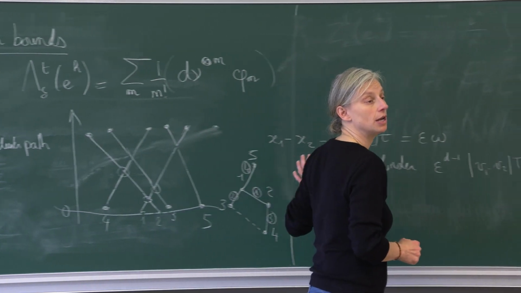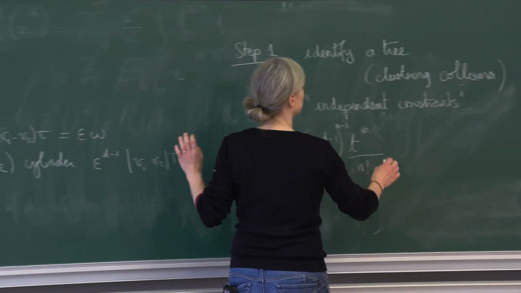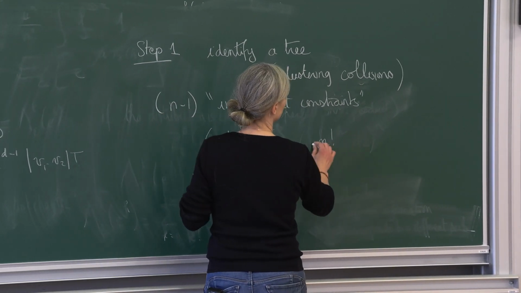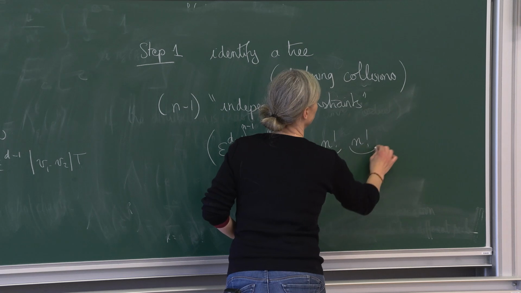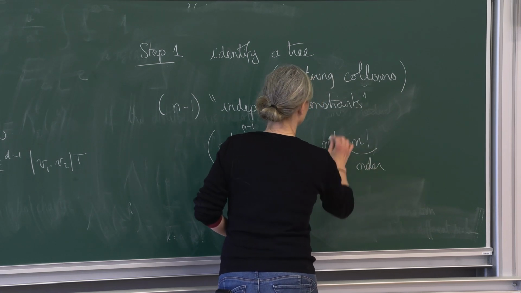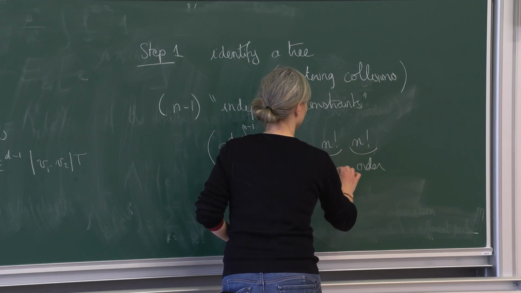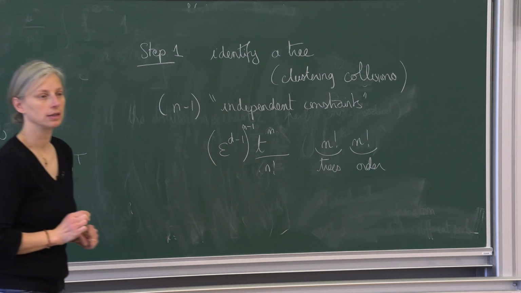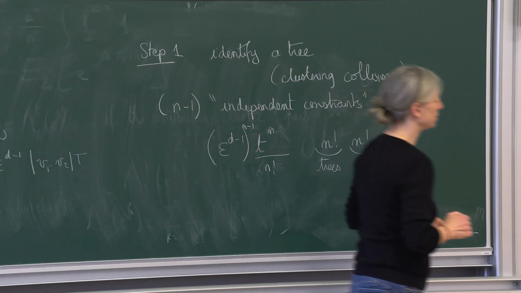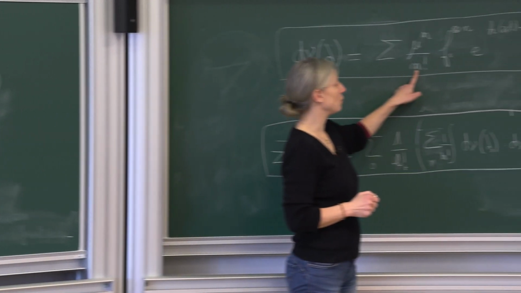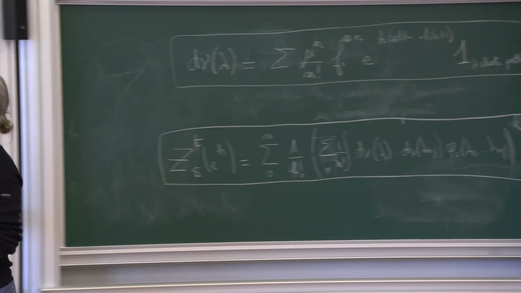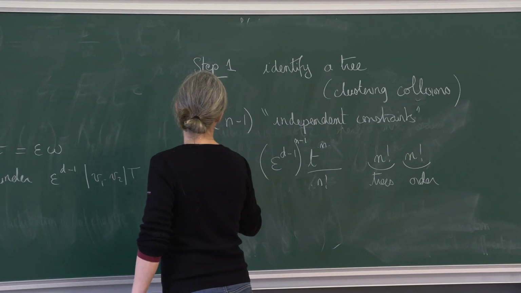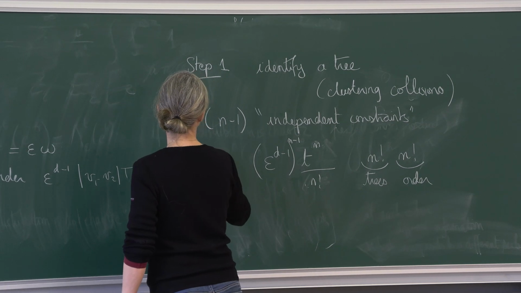How many trees you have is something like factorial n for the number of trees, and then another factorial n for the order. But in the definition here, you also have 1 over factorial n, so you have to multiply this by 1 over factorial n and by the mu to the n.